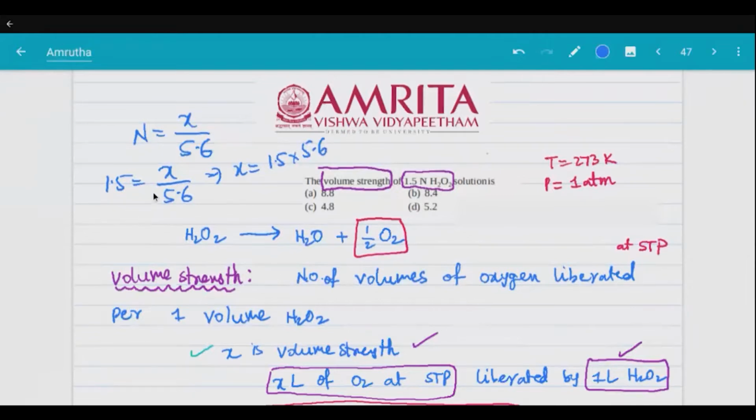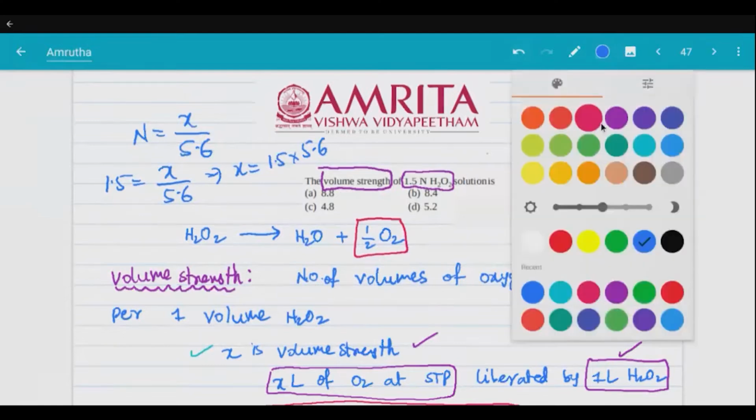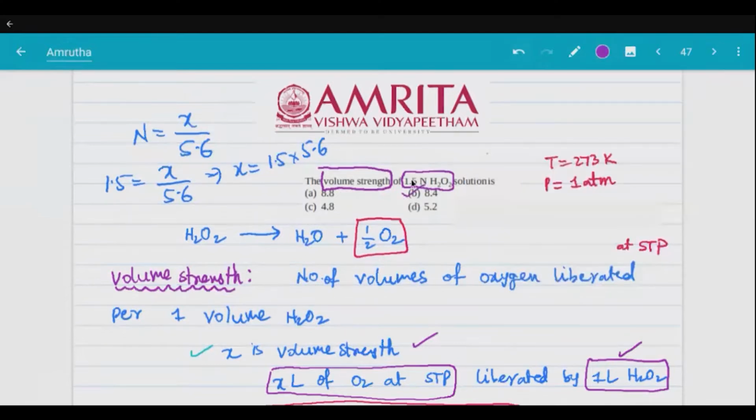What is the correct option now? Tell me what is the correct option? Exactly, 8.4.